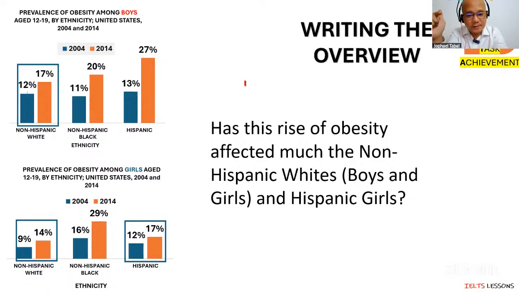Has this rise of obesity affected much of the non-Hispanic white boys and Hispanic girls?